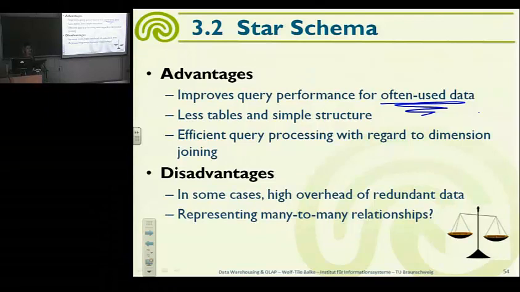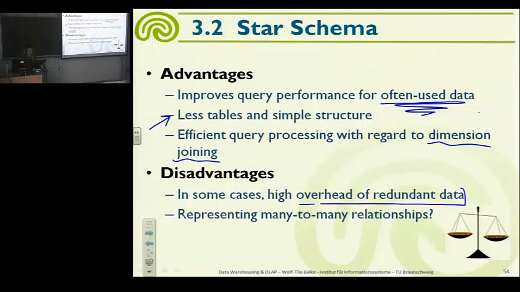If you're getting a lot of queries on these higher granularities like the year or the product family, it's easy because you don't have to do these joins. The data is there directly from one join. You have a smaller number of tables, so it's a rather clean design and the structure is simple. And you don't have all of these different dimension joins. So in terms of query processing, it's easier, faster and more efficient.